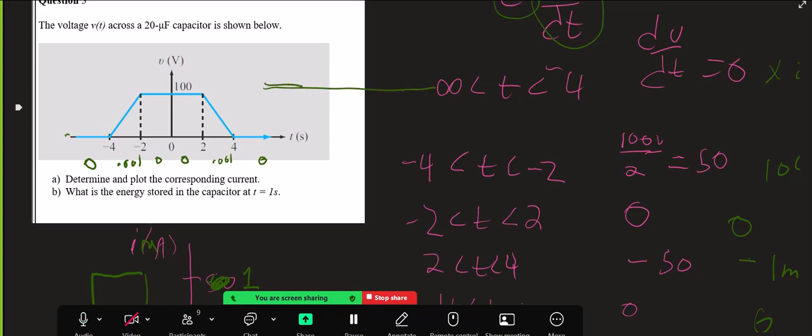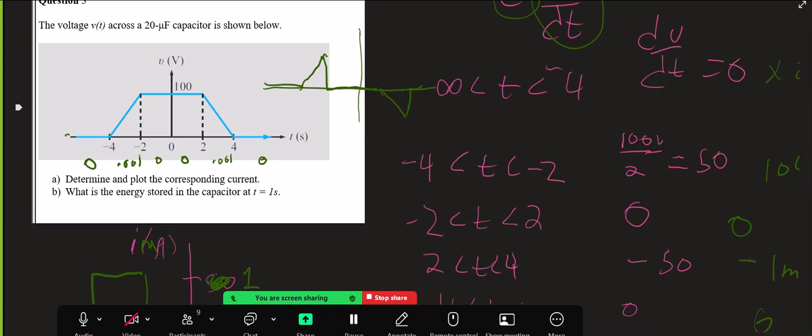It would be here, and then it would go up to 0.1, but then it would go down to 0, and then it would go down to -0.1, and then back up to 0. So that's what our power would look like.